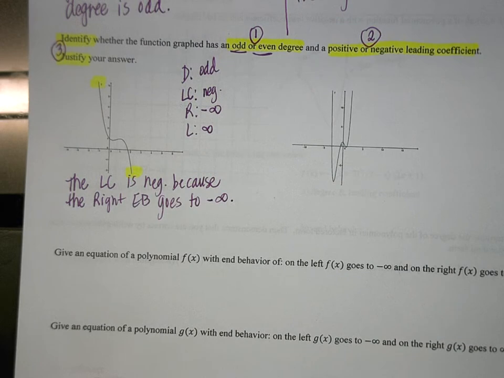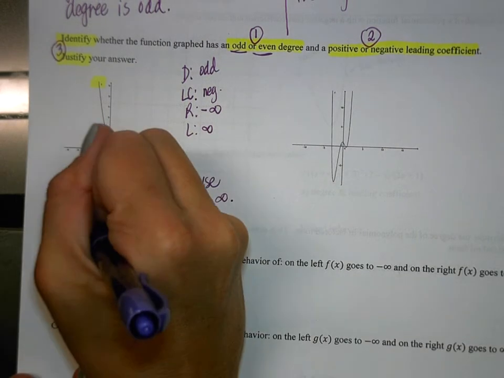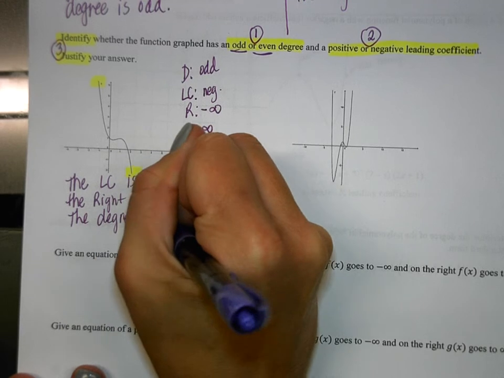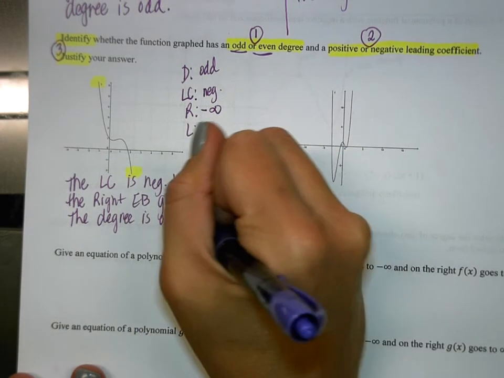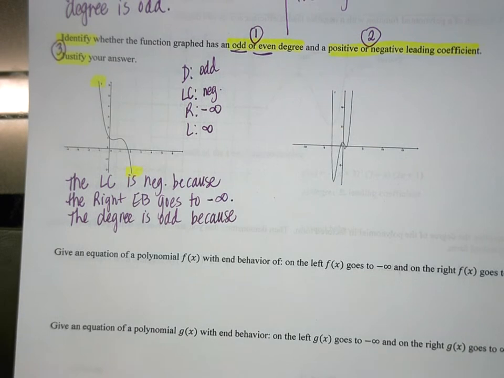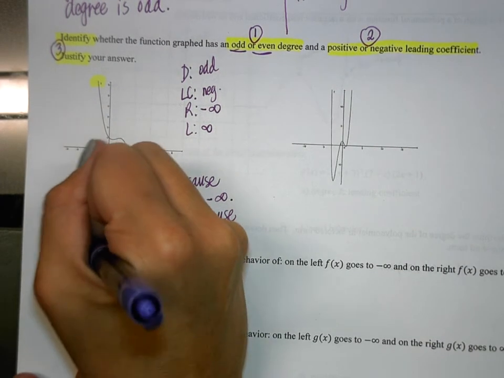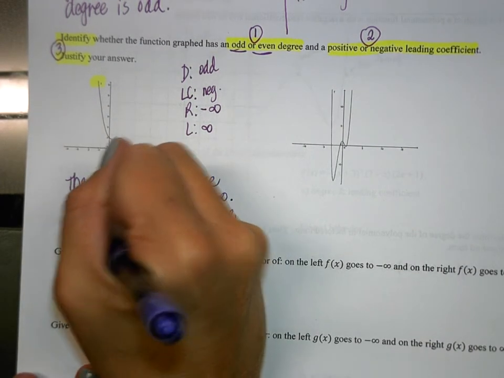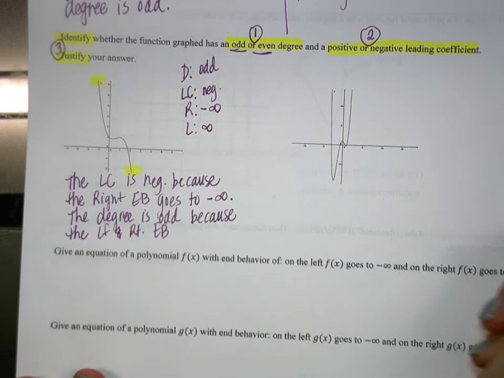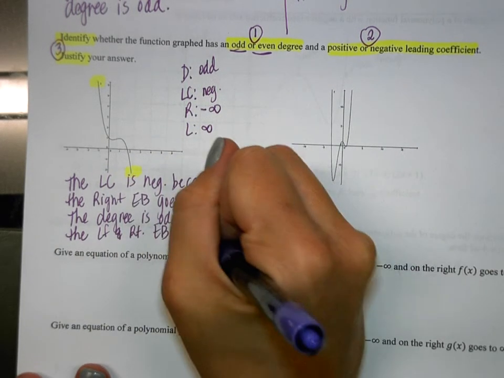The degree is odd because why? Good, because the left and right end behavior, or EB, go in opposite directions.